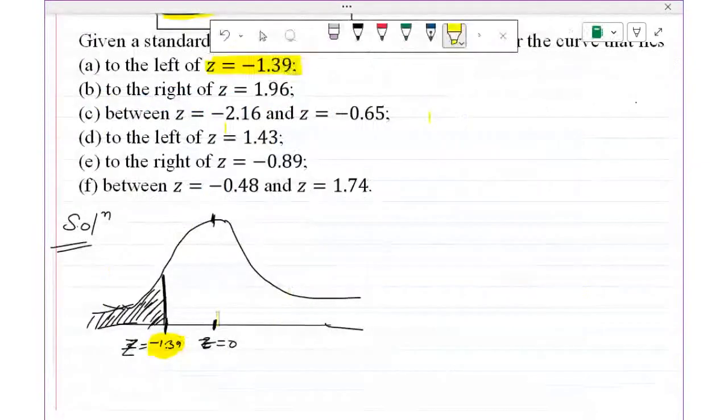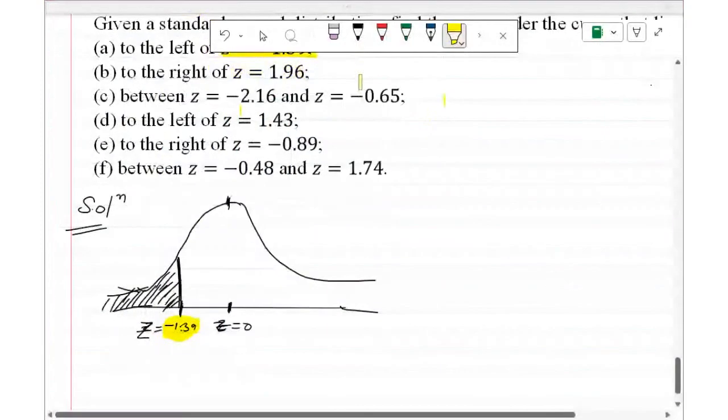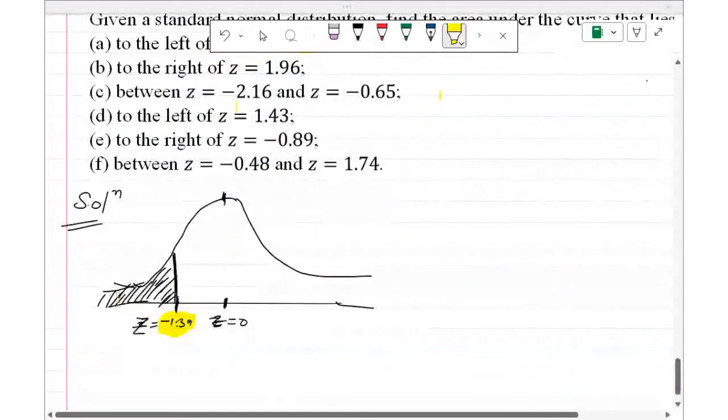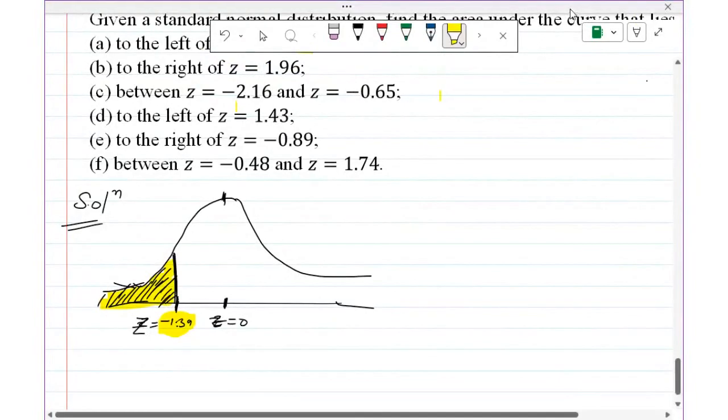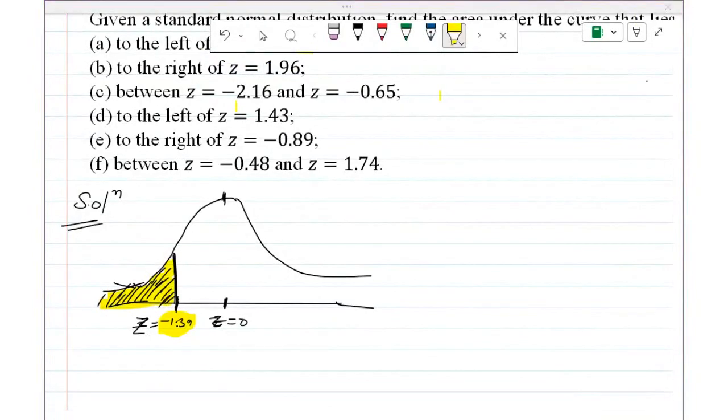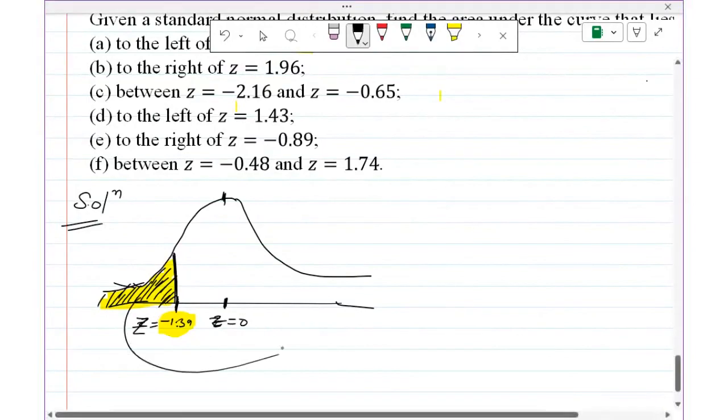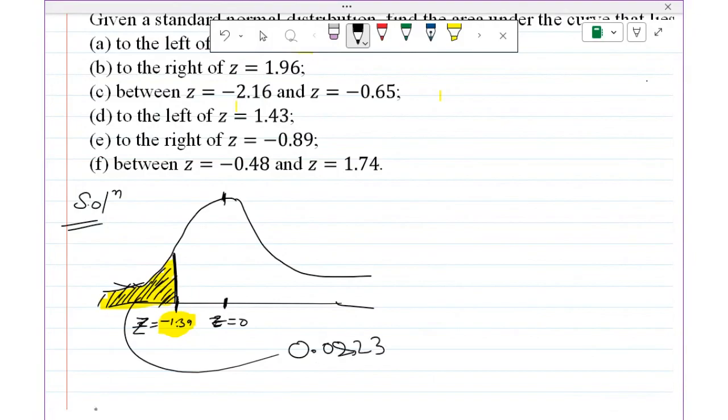So students, good. Some students are noting down. This area that I am highlighting in yellow color is 0.0823, as mentioned in the comments also.